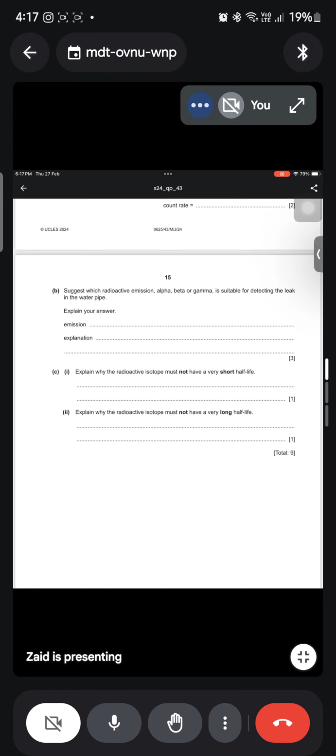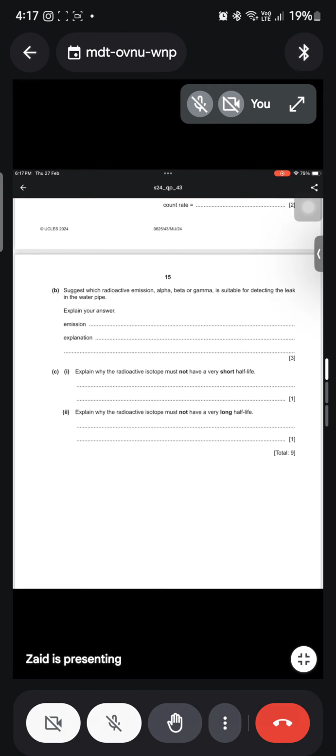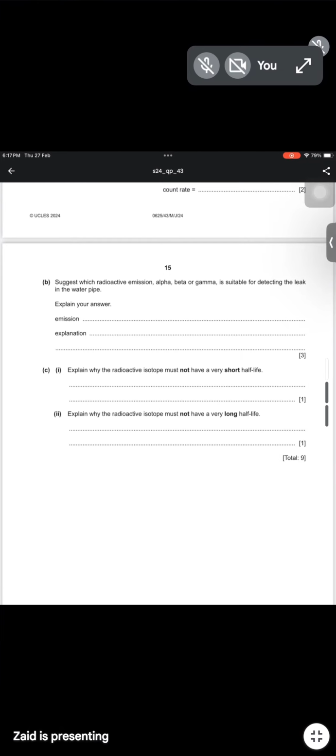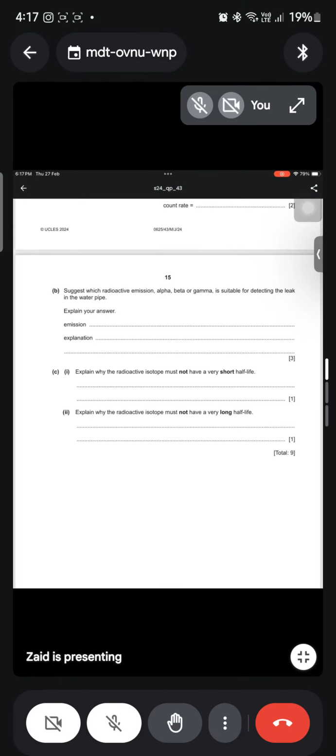Sir, I want to disagree with this. Okay, what is your disagreement? I think gamma, because this exact question came in my physics paper that I just had. I got the paper back today, I have it in front of me, and I wrote gamma, and she marked it right. Is she the authority?